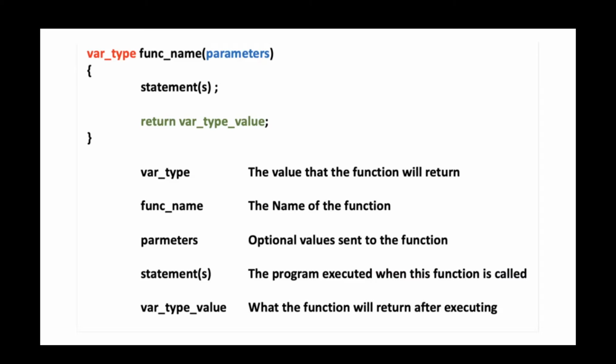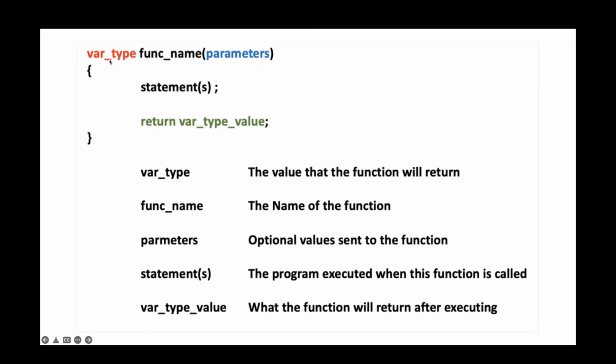And then you have the function name, and then you have the parameters, which are optional. You don't have to have them, but you can have them. The function always has the brackets, and that's a requirement, unlike other things like the for loop or the do loop, where you can have one statement. Here you always have the brackets and a series of statements.